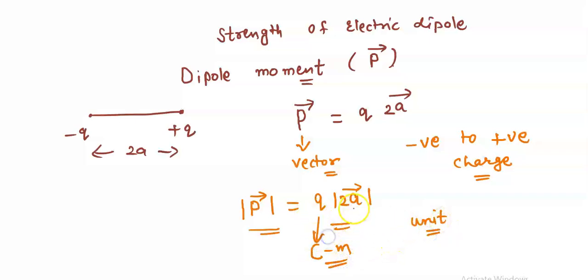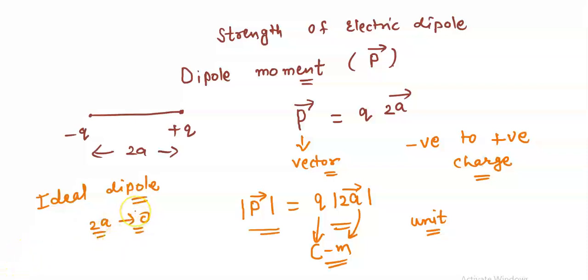Unit of charge is Coulomb and unit of distance is meter, so it gives you Coulomb meter. Now do remember that if we are talking about an ideal dipole, this 2a length will be smaller and smaller, tends to 0.